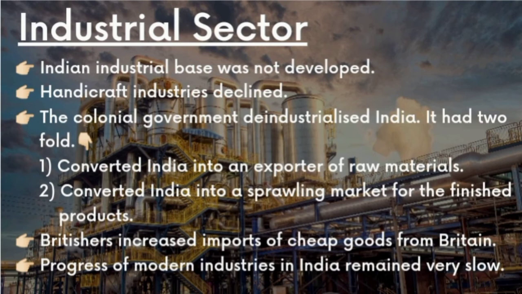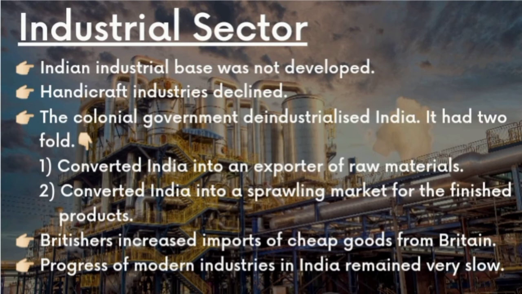The colonial government deindustrialized India. It had two folds, so in two ways they deindustrialized India. It is the same thing that we have seen in the previous section, the low level of economic development in India.